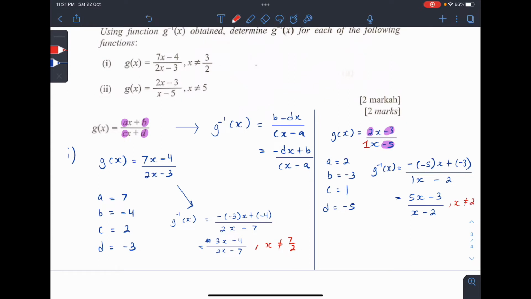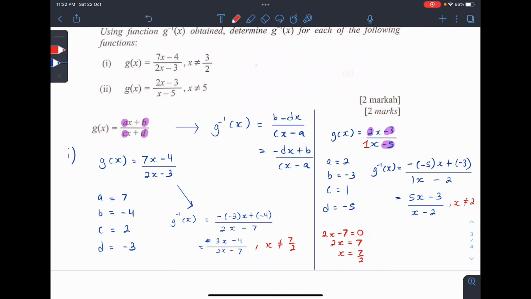If you're wondering how I got x can't be 7 over 2 or x can't be 2, it's really simple. Just set 2x minus 7 equal to 0. 2x equals 7, so x equals 7 over 2. That's how I got x can't be 7 over 2.